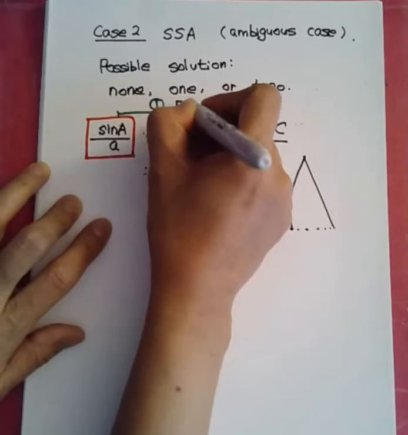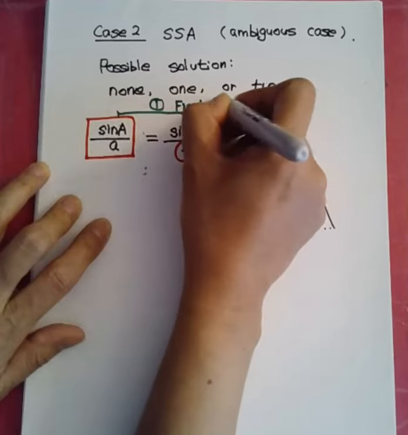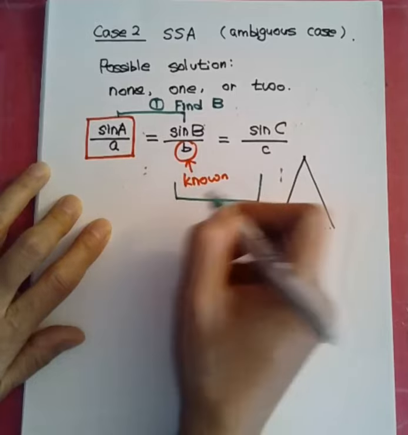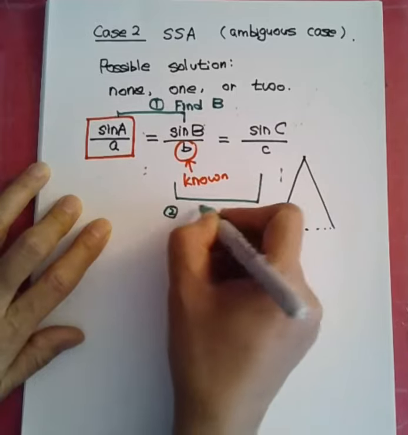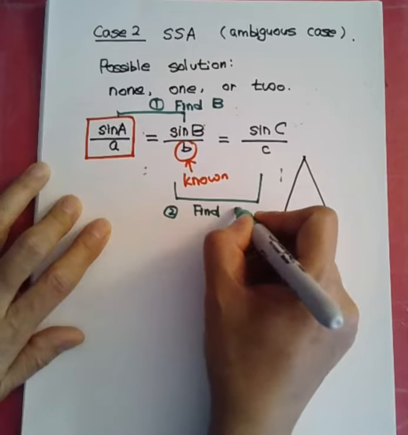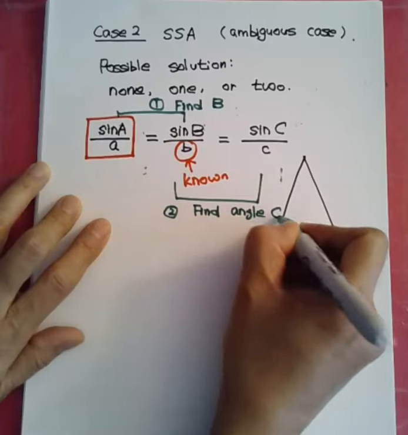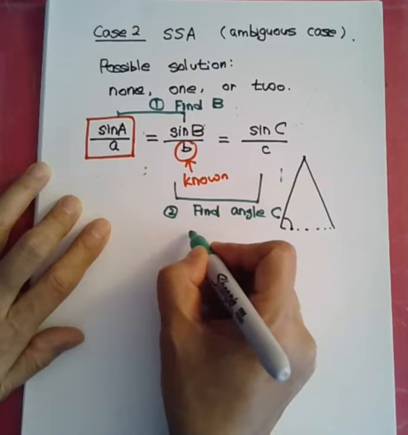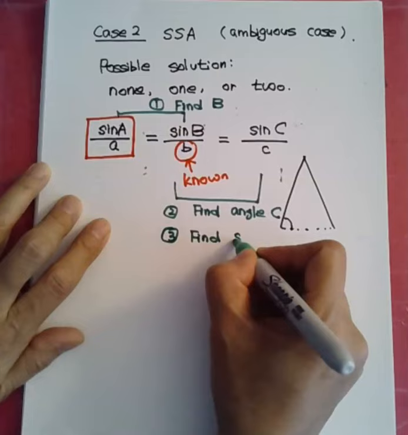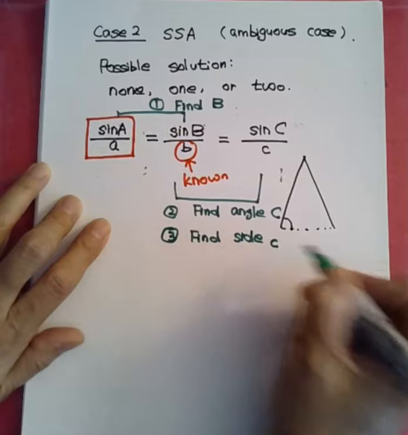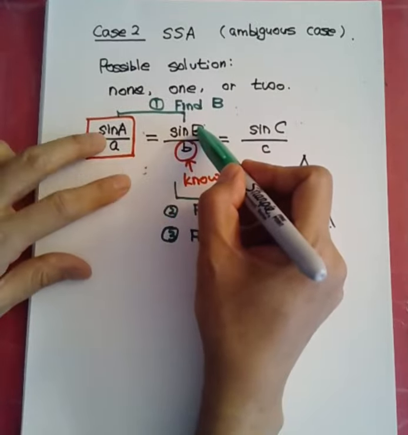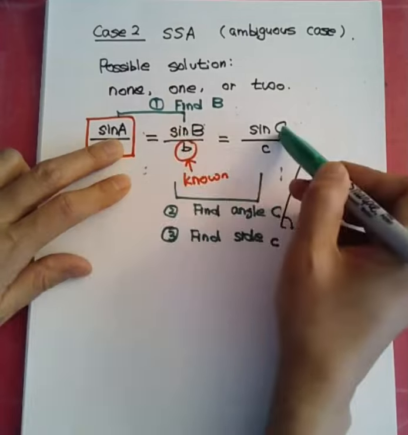So find angle B, and then using that information to find angle C, and then find the missing side c. So once we find the angle B, then we know two angles, so we can calculate C.